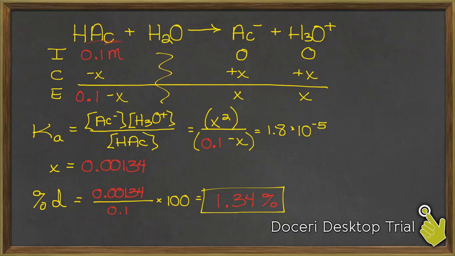For a weak acid, okay, yep, that's what we have, percent dissociation increases as an acid becomes more dilute. Let me say that again. Here's what the statement on the previous slide says. For a weak acid, percent dissociation increases as an acid becomes more dilute.